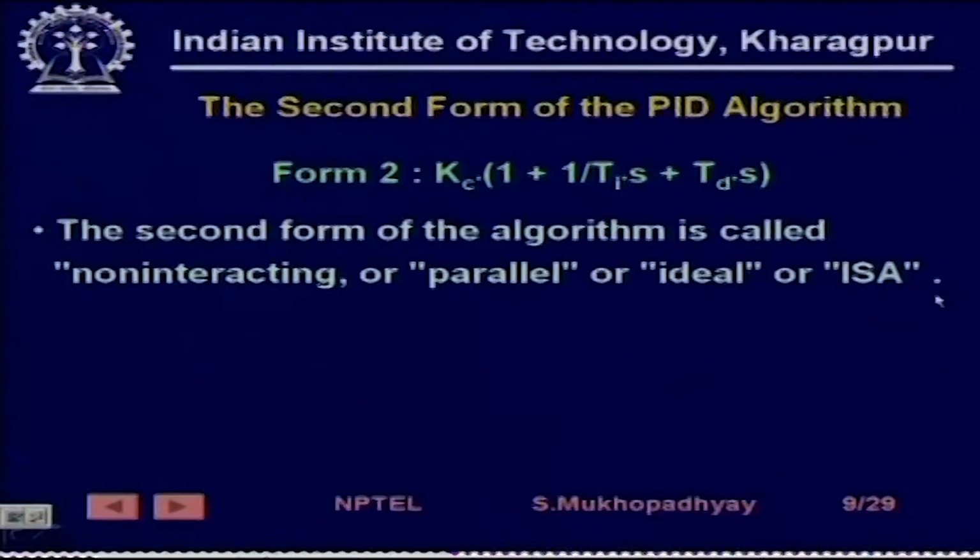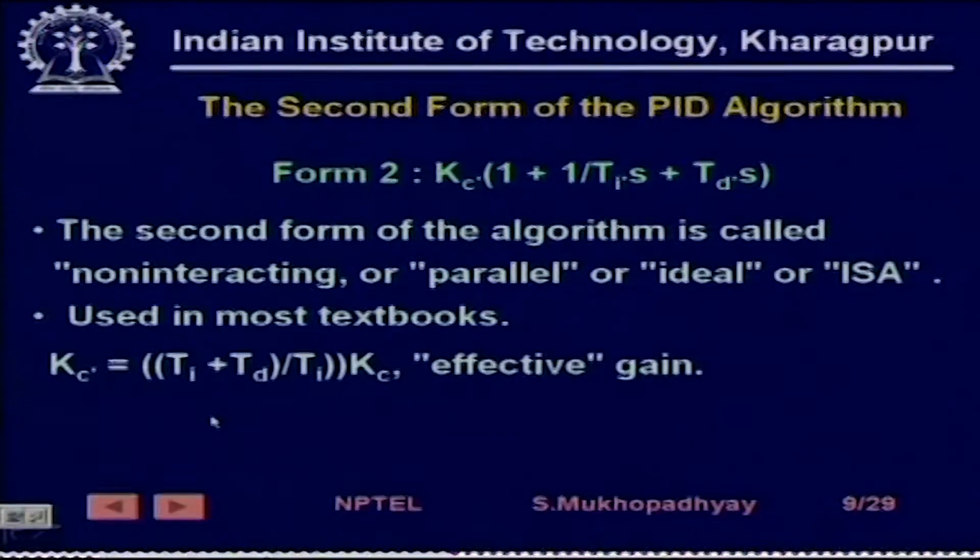It is called parallel because rather than having multiplication of 3 terms, here you have sum of 3 terms. So, that is why it is called parallel, although there is a multiplication. So, it is again partially parallel. Sometimes it is called IDEAL or ISA, meaning Instrument Society of America. I do not know how far these names IDEAL or ISA are valid. It is used in most of the textbooks.